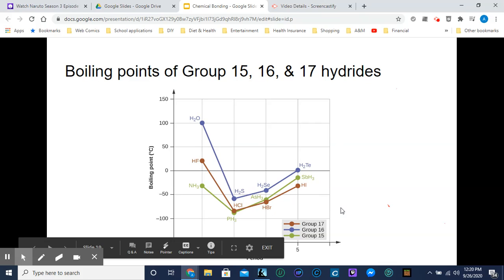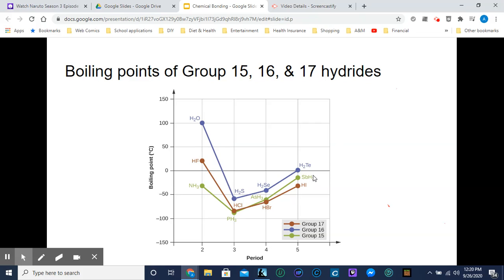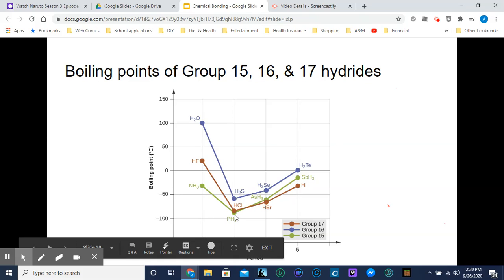All right, so if we look at ammonia and phosphorus trihydride and arsenic trihydride and antimony trihydride, if we look at their boiling points, ammonia boils at somewhere around negative 25 degrees Celsius, and then phosphorus trihydride boils at a much lower temperature, and arsenic is lower, and antimony trihydride is a little bit higher. But compared with the rest of the group, nitrogen or ammonia has a much higher boiling point.